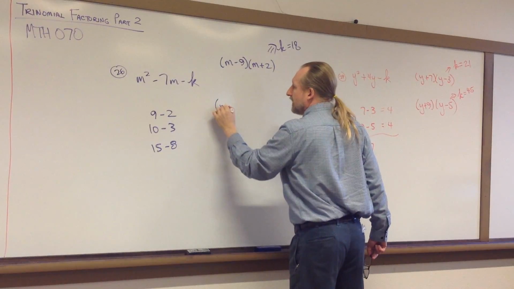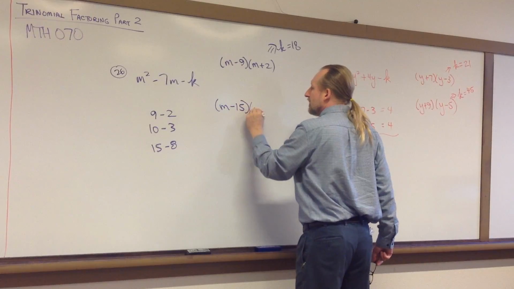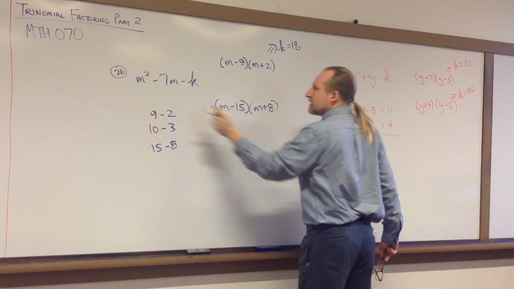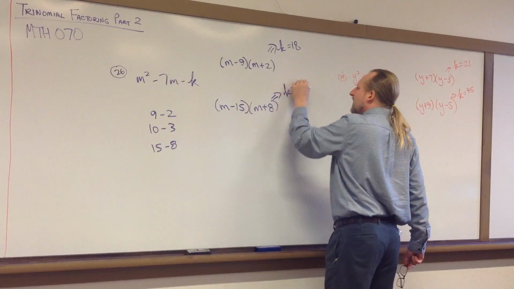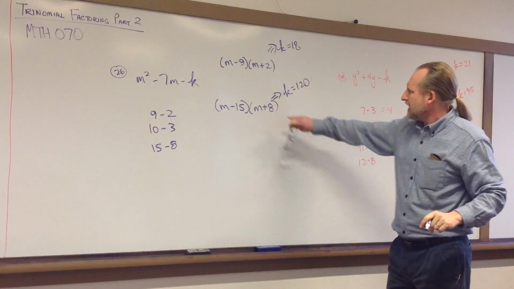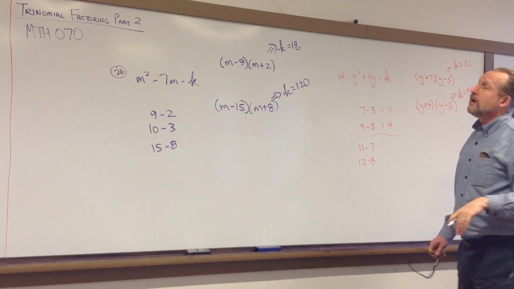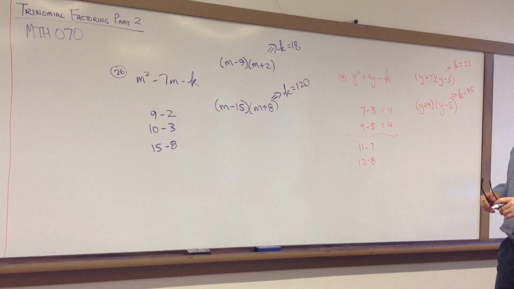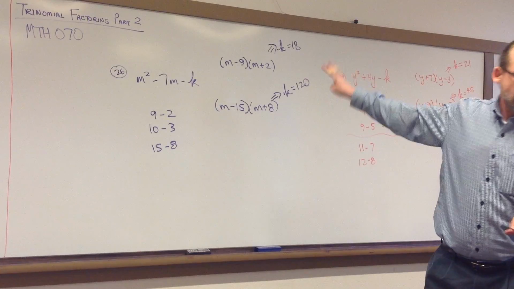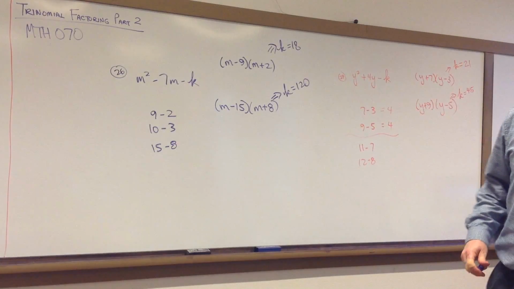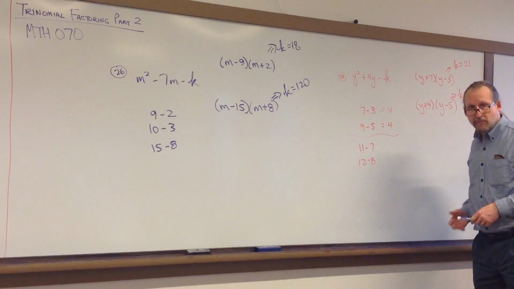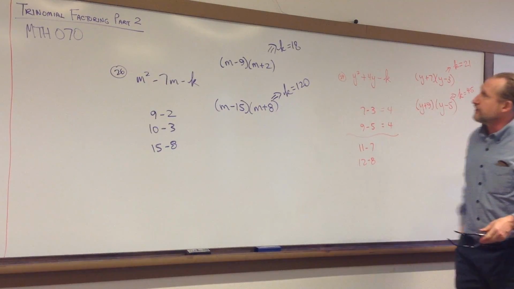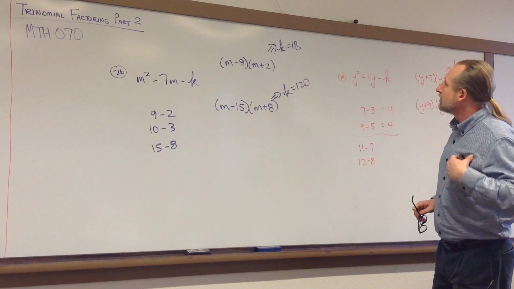Or let's say we did m minus 15 times m plus 8. That would still give us a negative 7 in the middle. And here, k, I think, would be 120. 8 times 15 would be 120. Okay, so that's all the work we really need to do on those last couple of problems. Like I said, you can keep going with this. There's an infinite number of answers, but we just need to find 2 of them and leave it at that.